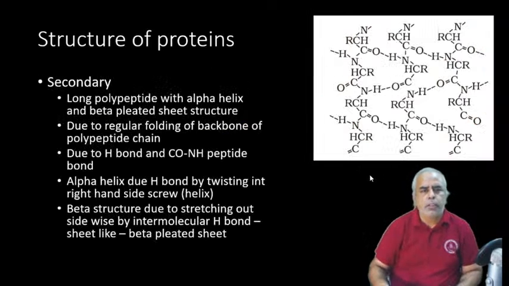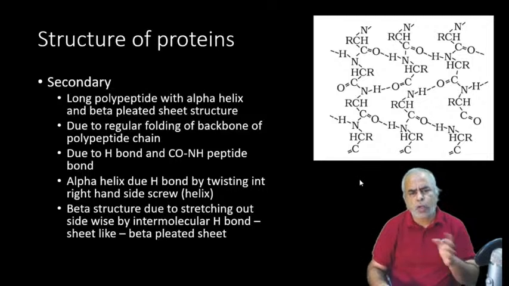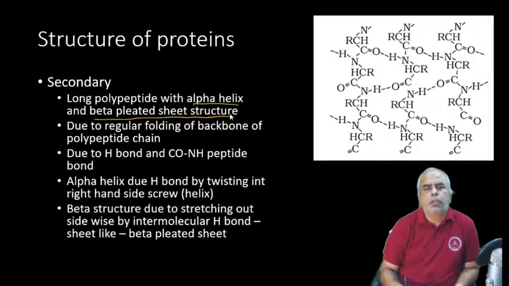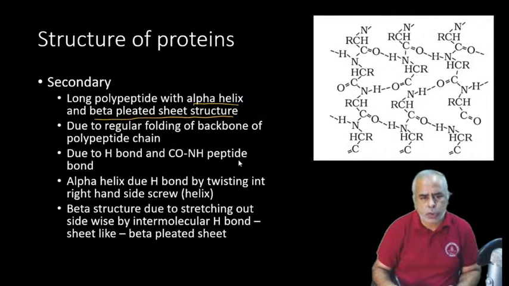Then the secondary structure, the long polypeptide with the alpha helix. What is that? Alpha helix and beta pleated sheet structure, that is a sheet-like structure.